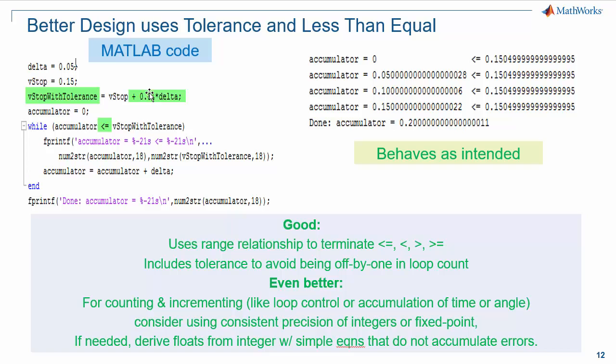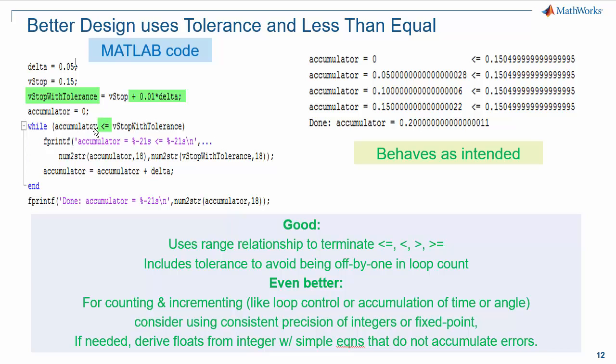We can control the tolerance to give a little extra or a little less. You need to think about what's right for your problem. Should it go through the loop 3 times or 4 times? Now the really, really important change here is we're not using an exact equality. We're using a range condition.